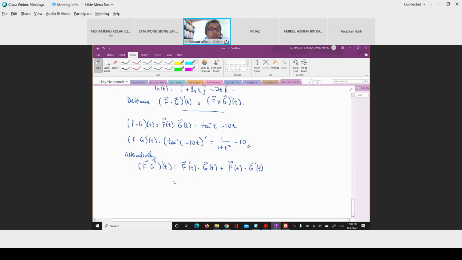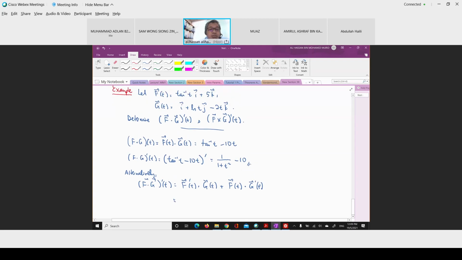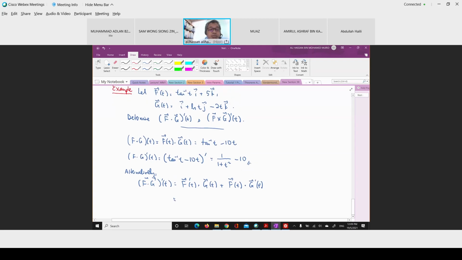So what is F prime of t? You differentiate component by component: 1 over 1 plus t squared, i.